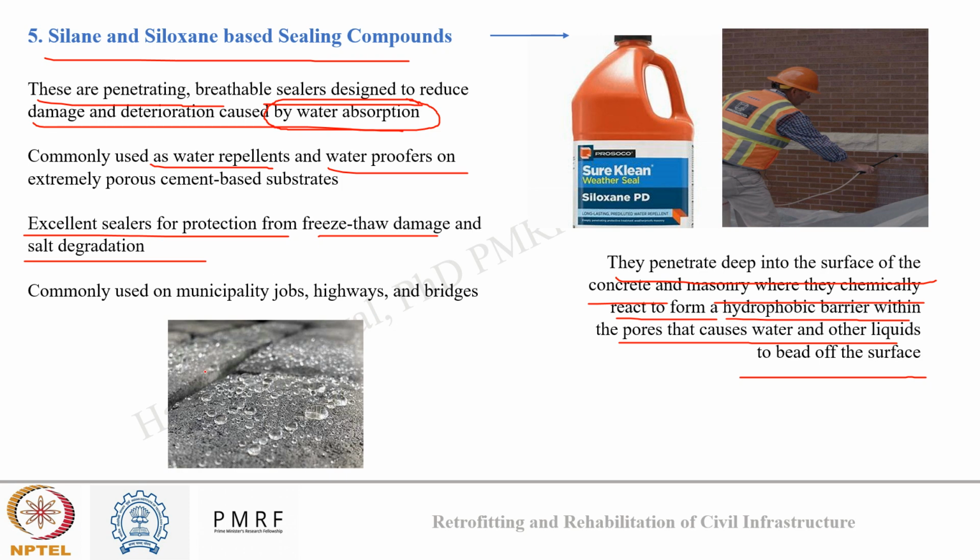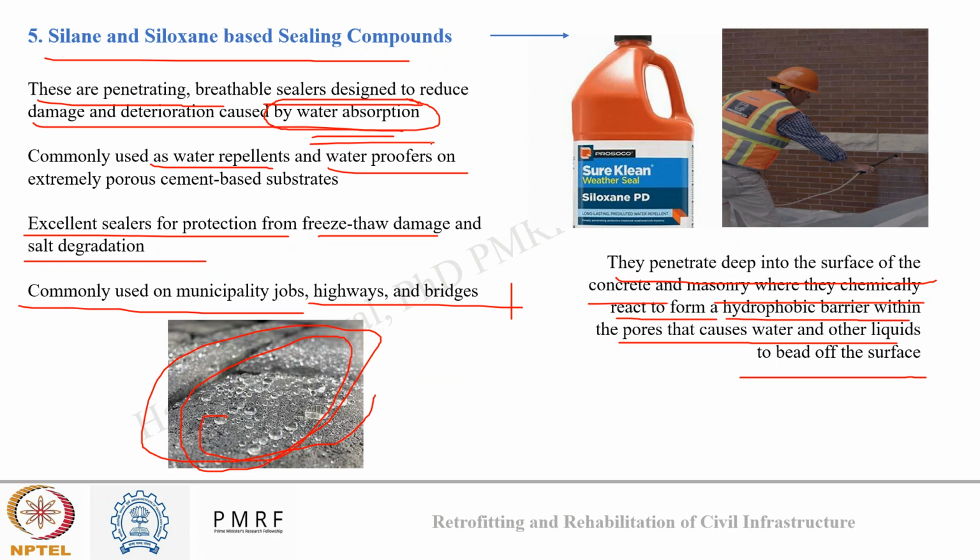Here you can see when I have applied a silane or siloxane based coating on the concrete, my water droplets are just staying on the surface, not penetrating the concrete surface. Okay, and these materials are generally used in municipal jobs, highways, and bridge repairs, where damage due to water ingress can be a critical issue.